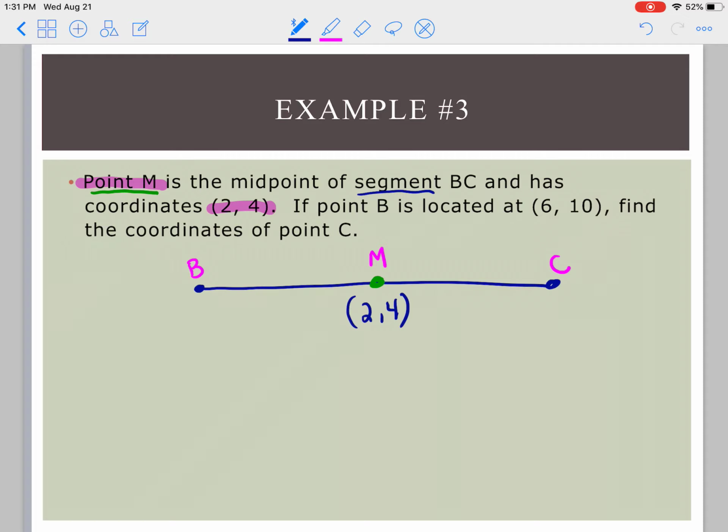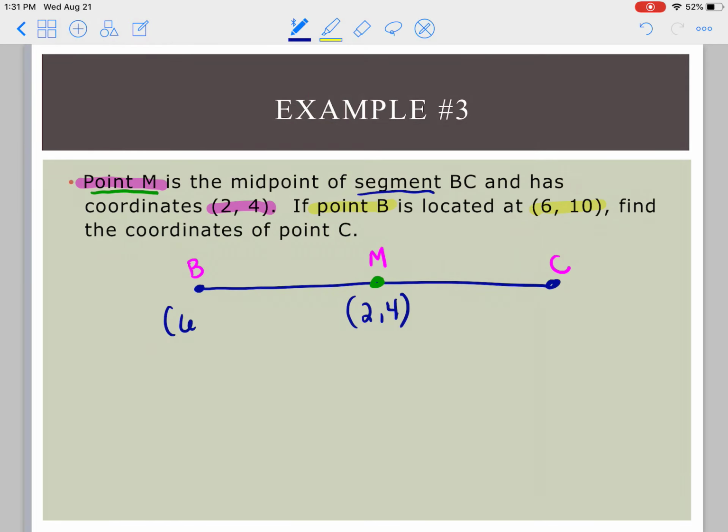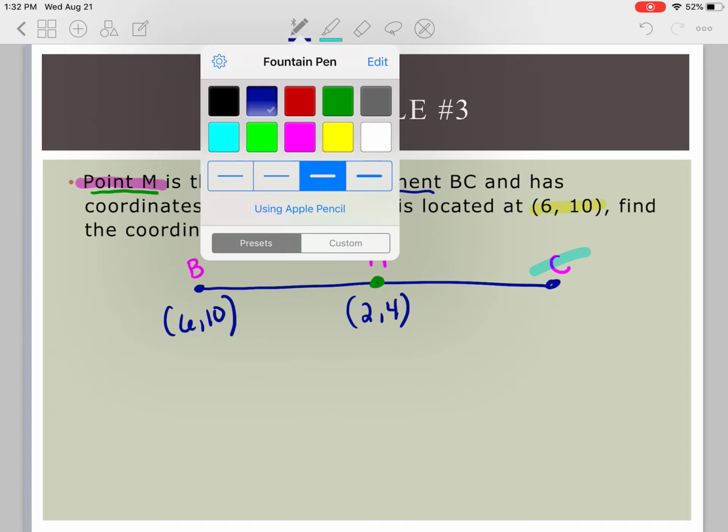Point B is located at 6, 10. So I'll write this is 6, 10. And now I need to find the coordinates of point C. How am I going to go about this? It's a little different. I'm still going to use the midpoint formula. However, I'm already given the midpoint.